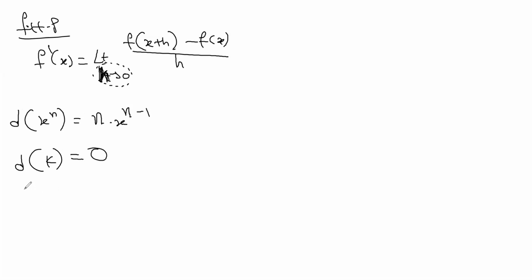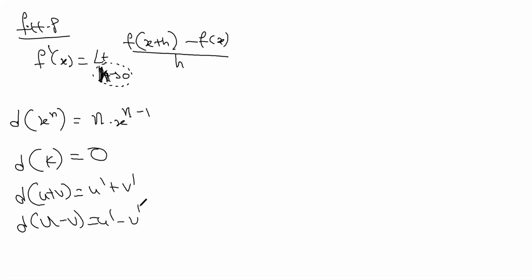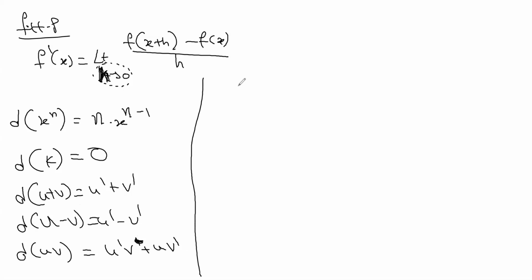Then the differentiation of u plus v is u dash plus v dash, and u minus v is u dash minus v dash. Differentiation of uv is u dash v plus u v dash. And differentiation of u by v is u dash v minus u v dash, by v squared. This is the quotient rule.